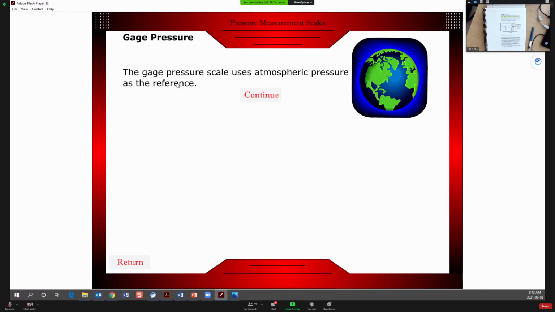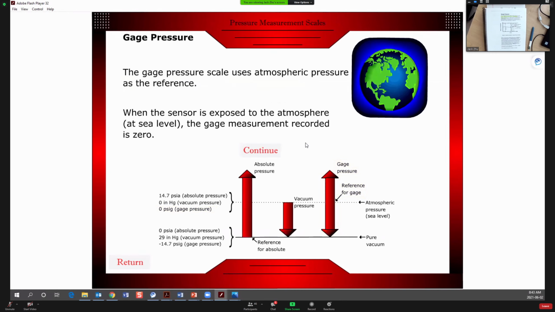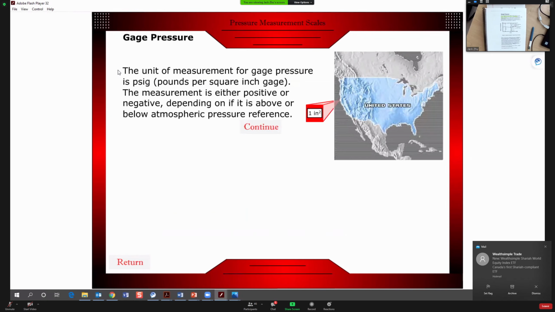The gauge pressure uses the atmospheric pressure as reference. When the sensor is at sea level, it records 0. The unit is usually written PSIG. G means the gauge.